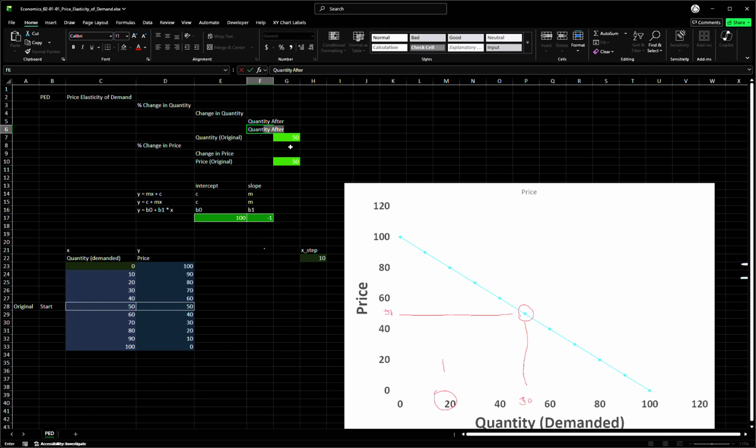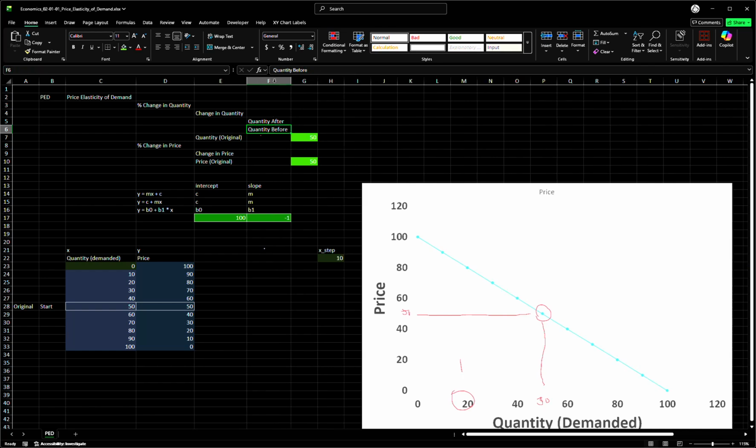Because this is a linear relationship, I don't know which affects which, but just for the point, X and Y, let's just say X, quantity demanded. Actually, it works both ways, but mathematically, typically we change X and then see what happens to Y. So what's going to happen to Y is given by the equation 100 minus the quantity.